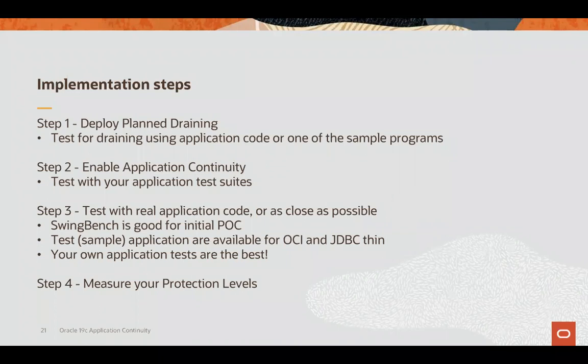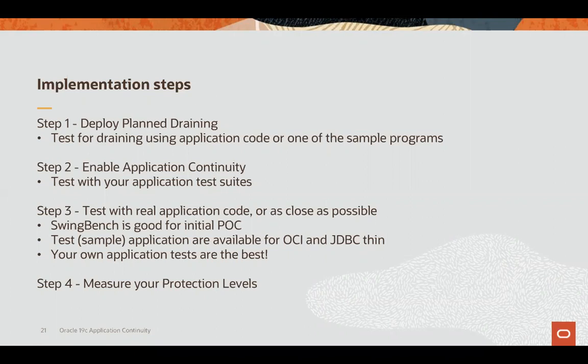It's good for a proof of concept, but for the high availability or continuous availability strategy and certification of your application, we recommend to use your own application code in the end, because this will make sure that the users will receive no errors in case of outages or blackouts or any issues or planned maintenance that can occur on your database installation.